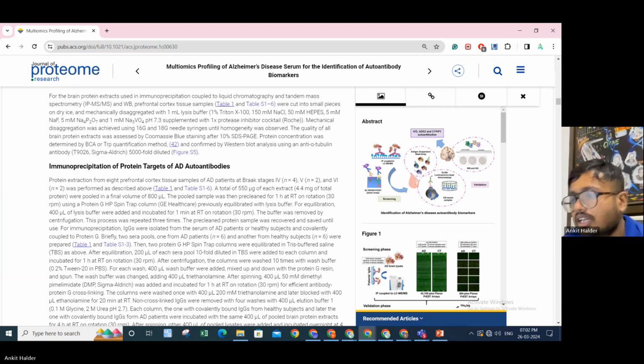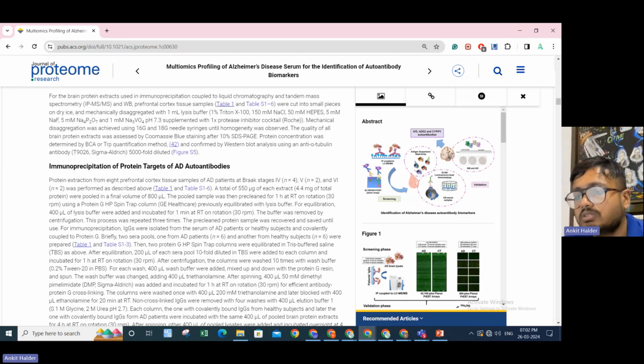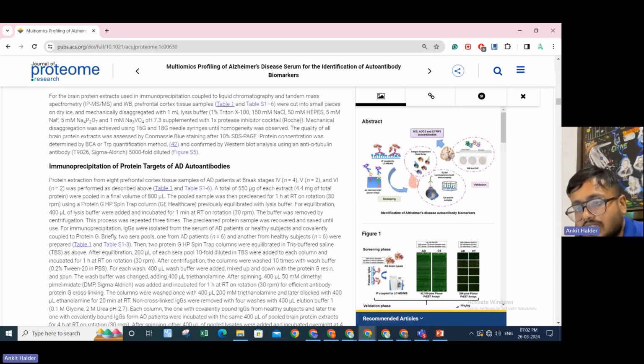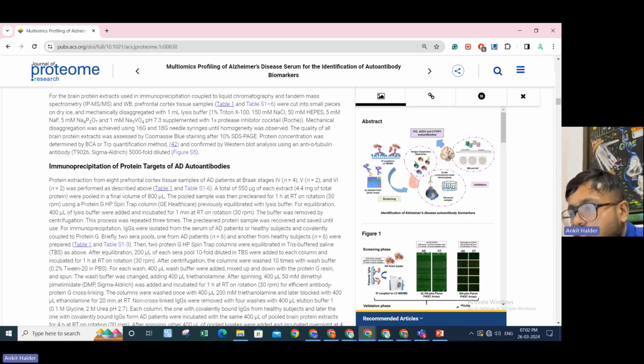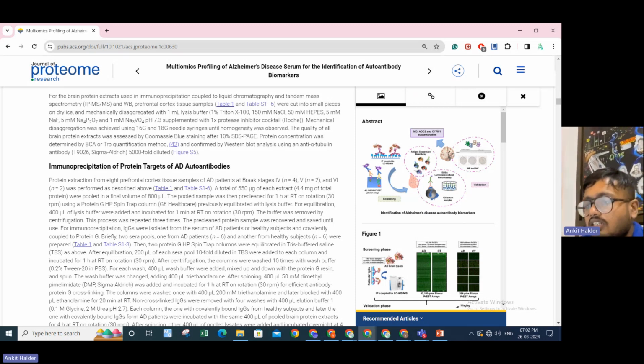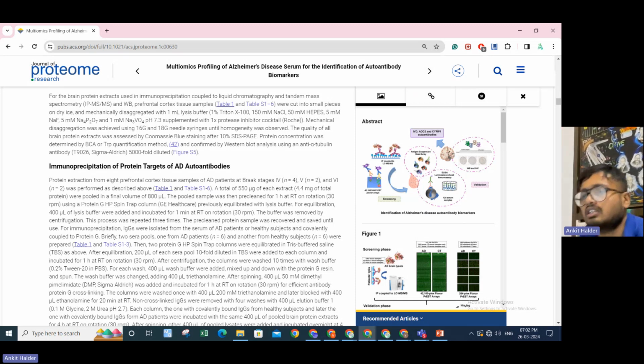Then, incubated for 1 hour on rotation at room temperature. After centrifugation, the columns were washed 10 times with wash buffer. For each wash, 400 microliter of wash buffer was added, mixed up and down with the protein G resin and spun.